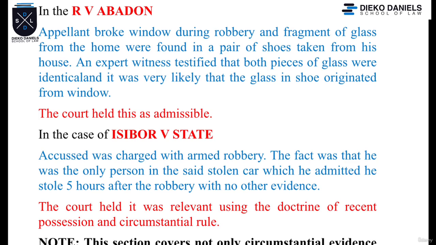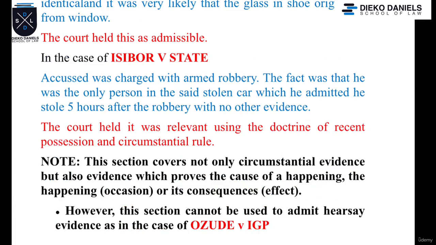So we then move to the latter part of the lecture that says that, note, this section covers not only circumstantial evidence, but also evidence which proves the cause of a happening. That's the cause. The happening itself, that's occurrence A, and its consequences, that's the effect. So the before, the now, and the after.